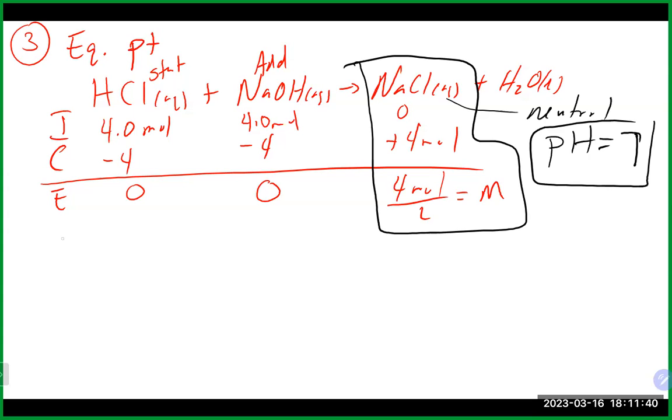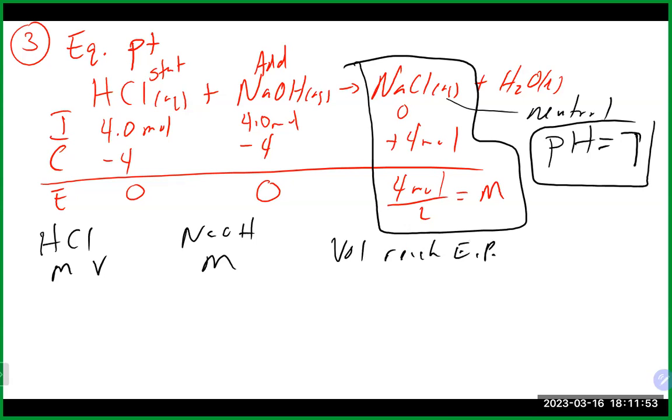So let's just say in this case, you had for the HCl the molarity and the volume, and for the sodium hydroxide, you have the molarity, and you want to know the volume to reach the equivalence point. How can I calculate that? Which is something you will have to do, because a lot of problems may not give you the actual volume. Any ideas?